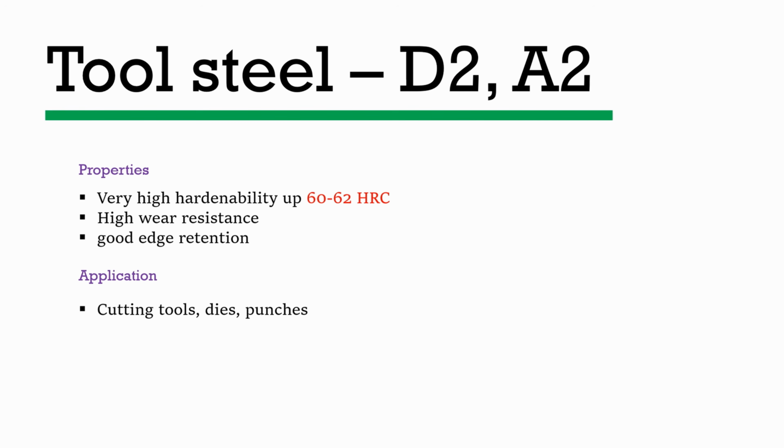Like tool steel D2 and A2, having very high hardenability up to 60-62 HRC and also high wear resistance and good edge retention, and can be used in cutting tools, dies, punches.